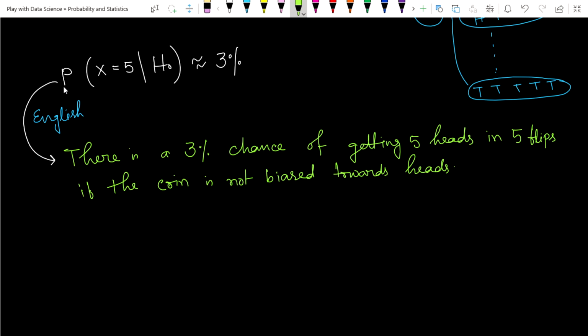That's the English meaning of this probability.